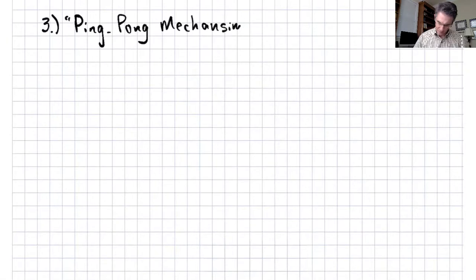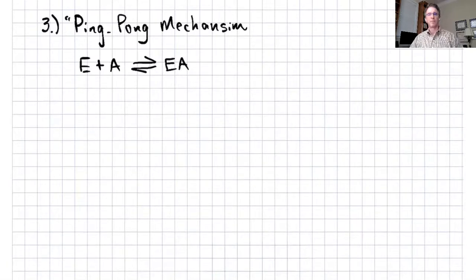And this one, again, requires two substrates, but it works in a very particular way. In this case, we'd have enzyme plus our first substrate to form an enzyme-A Michaelis complex, which then does some chemistry.